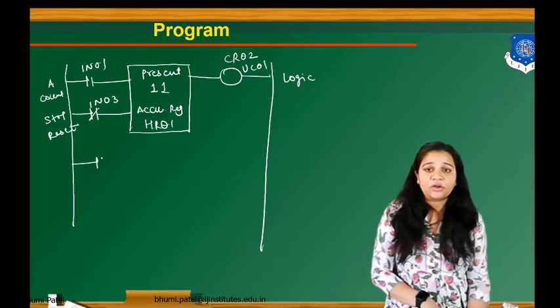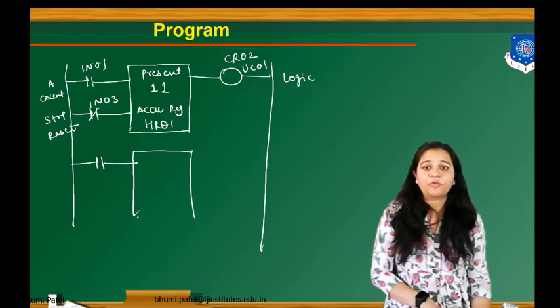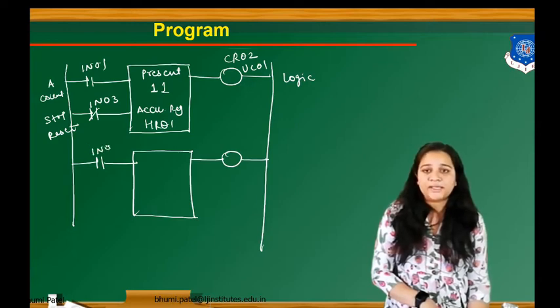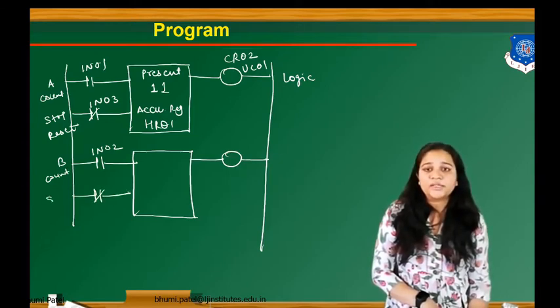Now the next logic is for the B input. We follow the same thing. We take one input pin, and the name of the input pin is IN02 for the B input. One stop button is there; we compulsorily connect a stop button for every counter.